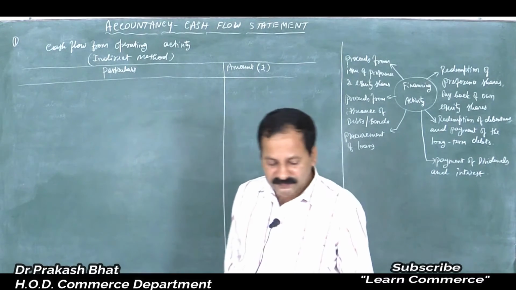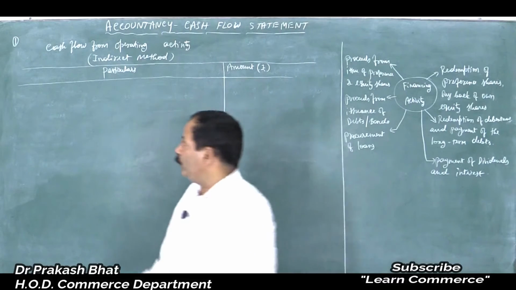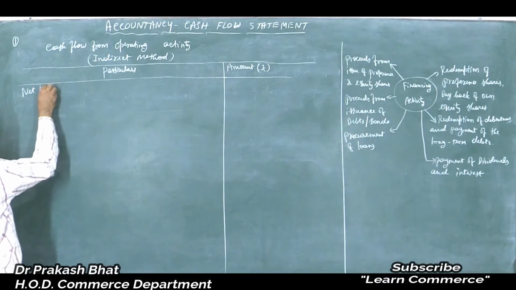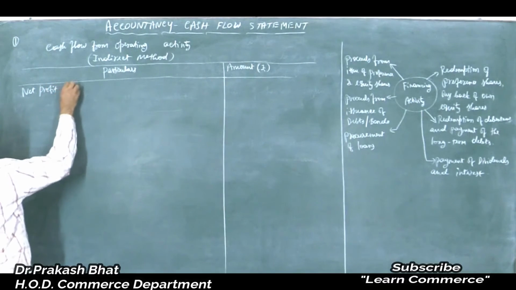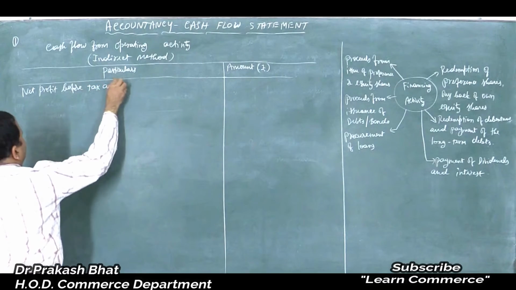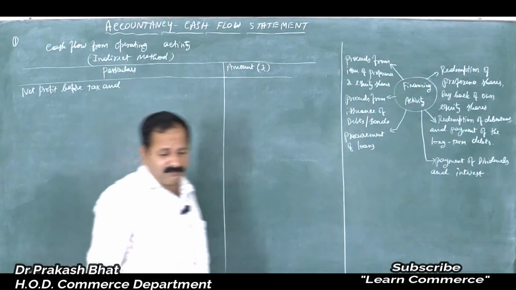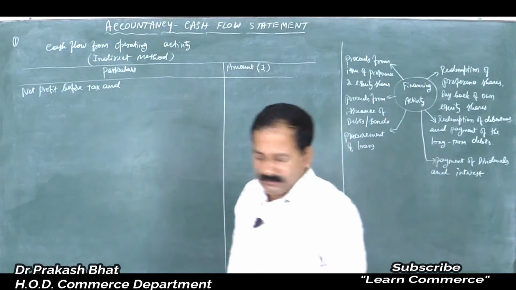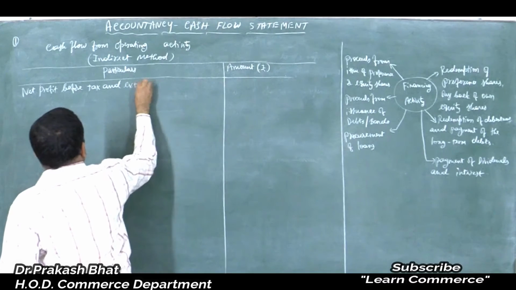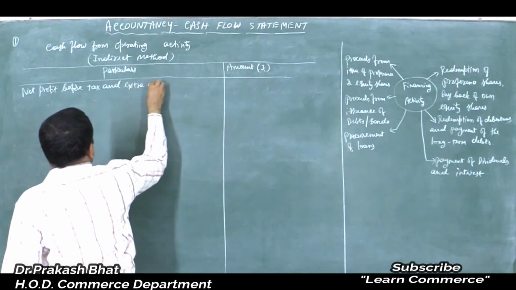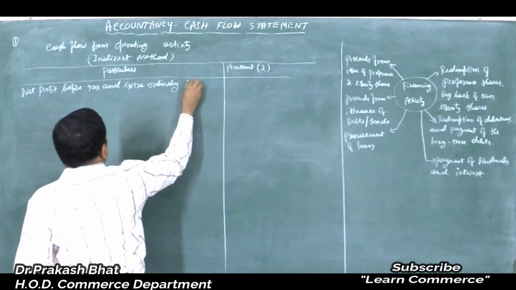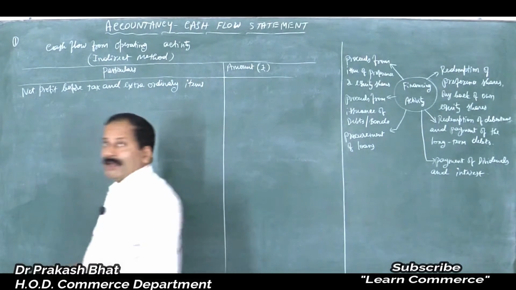Isn't it? So start. Net profit before tax and extraordinary items.